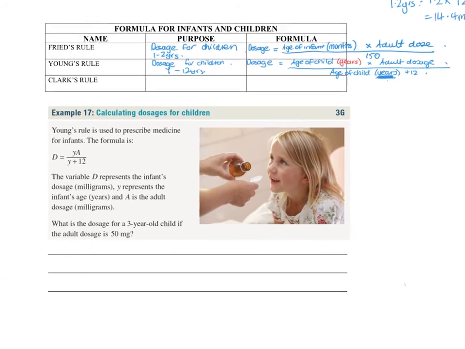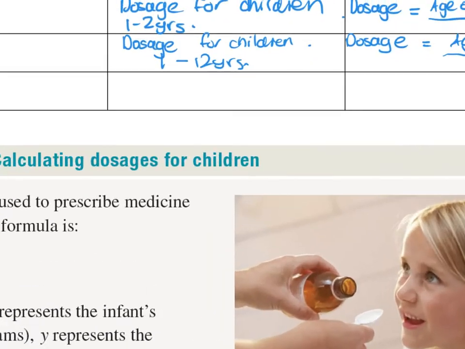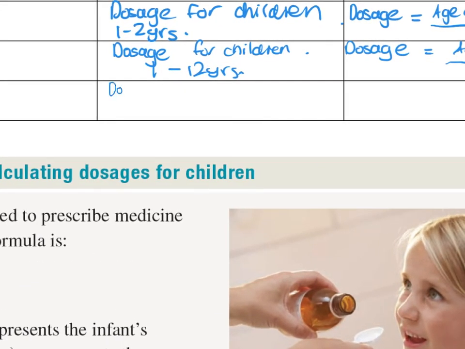All right, now the last rule, just write dosage for children. This rule is dosage for children. Okay, this is in general, so there's no specific age group.